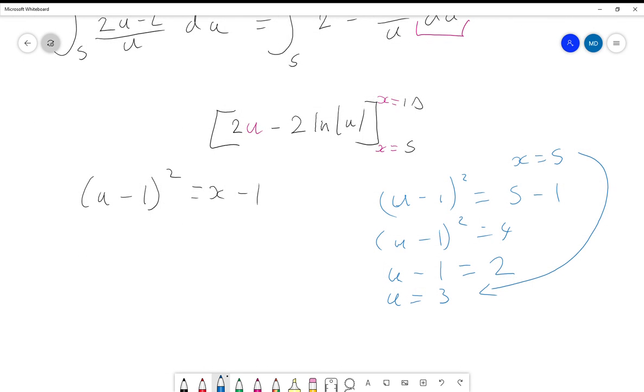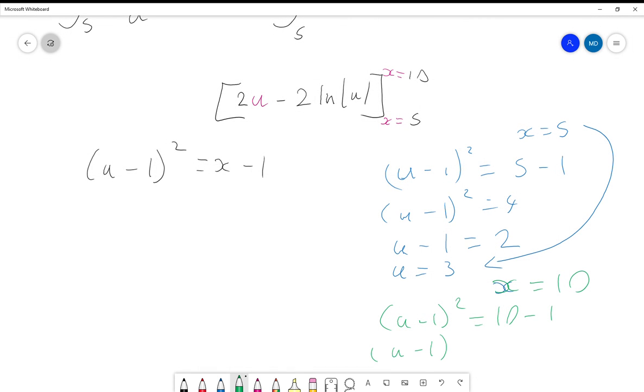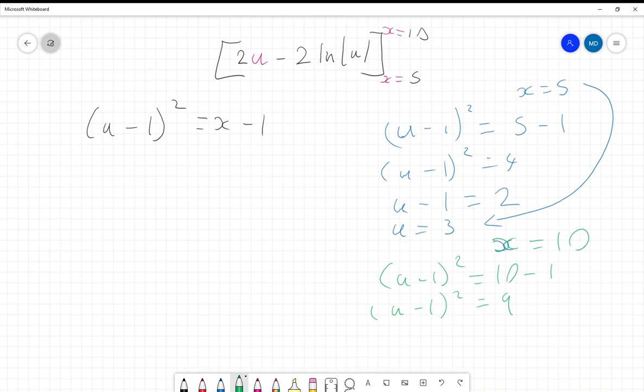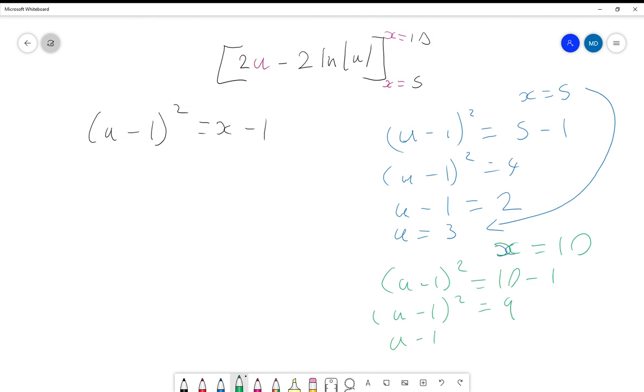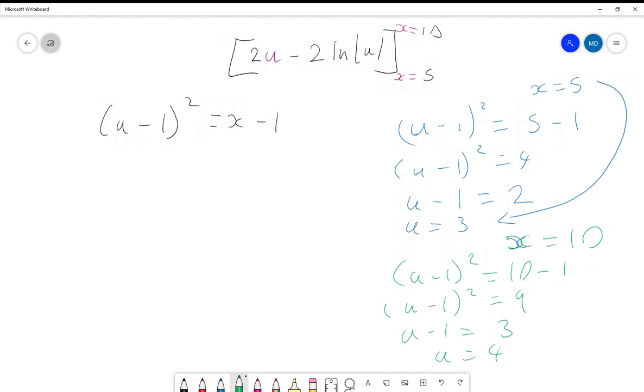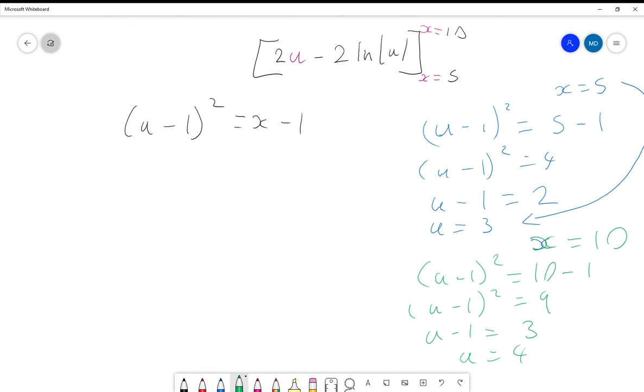And then we also need to try x equals 10. We get u minus 1 squared is equal to 10 minus 1, which gives us u minus 1 squared is equal to 9. That gives us that u minus 1 is equal to 3, again being consistent here, picking the upper limit, and we get u equals 4. And so now we can evaluate this.